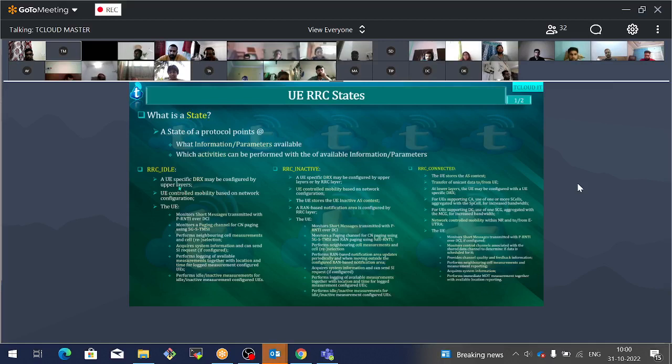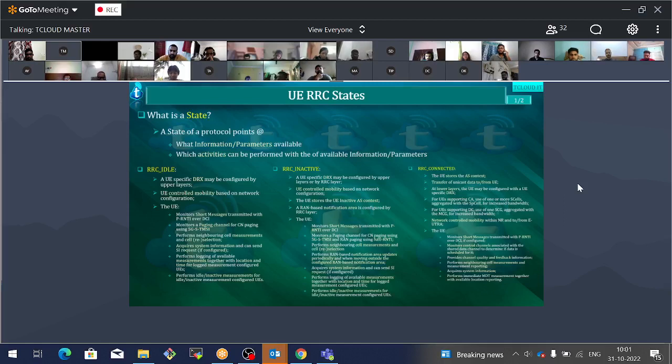For example, the mobile can be in three states: RRC idle, RRC inactive, RRC connected. The kind of parameters and information that the mobile knows in RRC idle, RRC inactive, and RRC connected would definitely differ. The same information won't be available for the mobile equipment in all the three states.